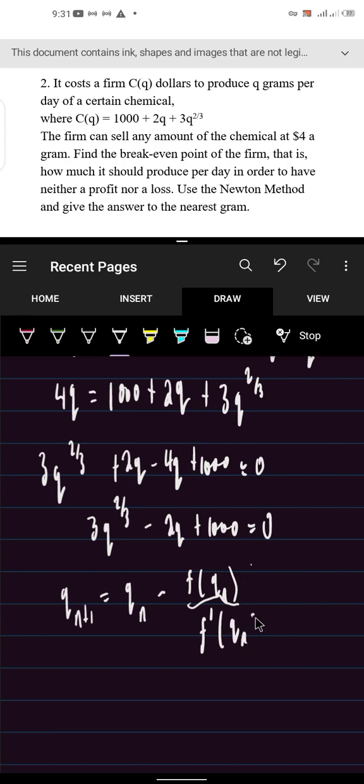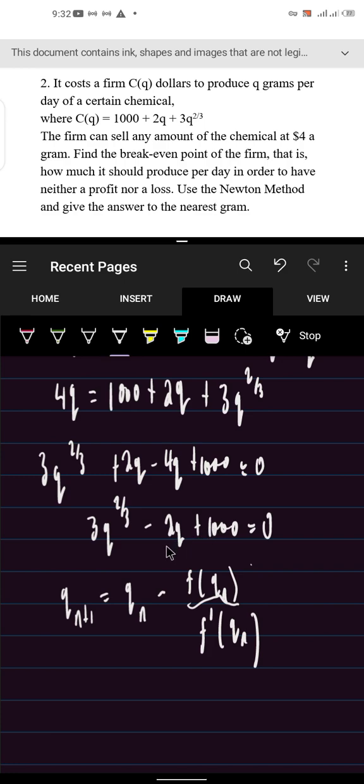What we're basically going to do is guess q n. Looking at the numbers we have here, what number do you think you can plug in that can give you 0? That number should be close to 1,000 somewhere there.